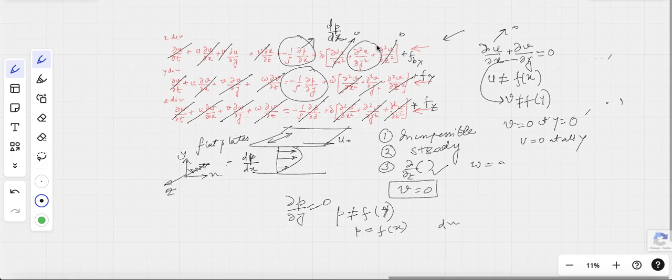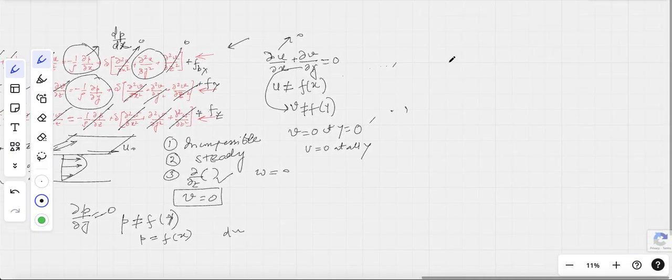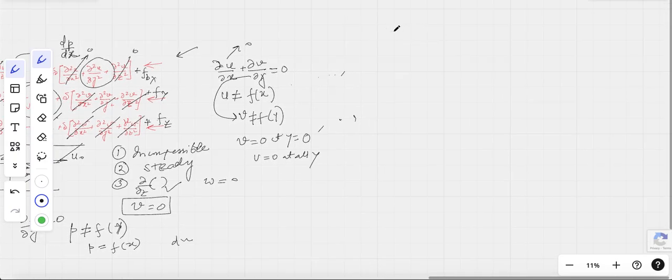So the equation becomes one by rho dp by dx, not this d, equals mu d square u by dy square, right?